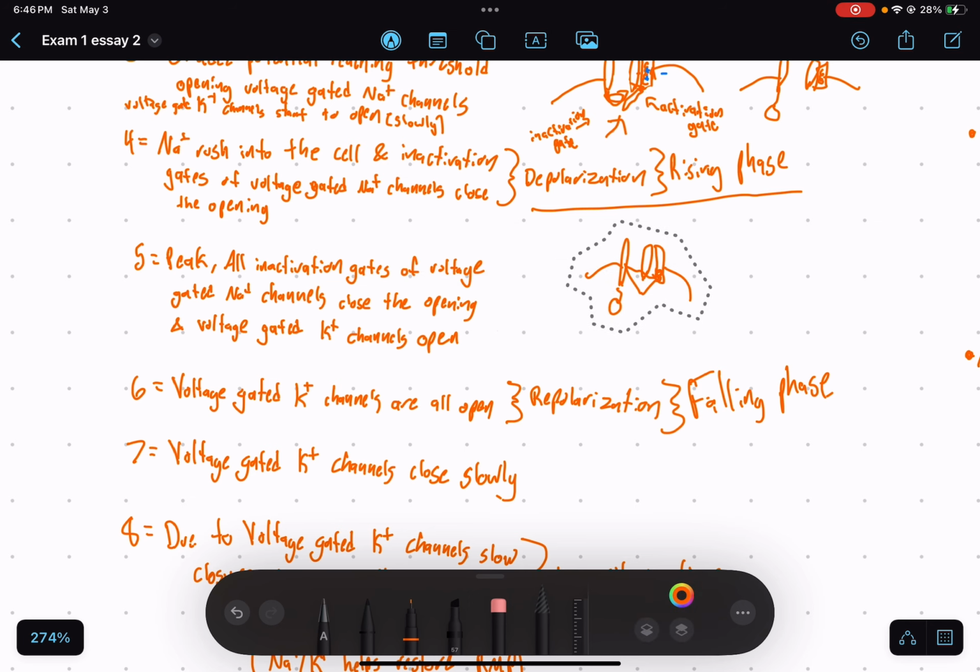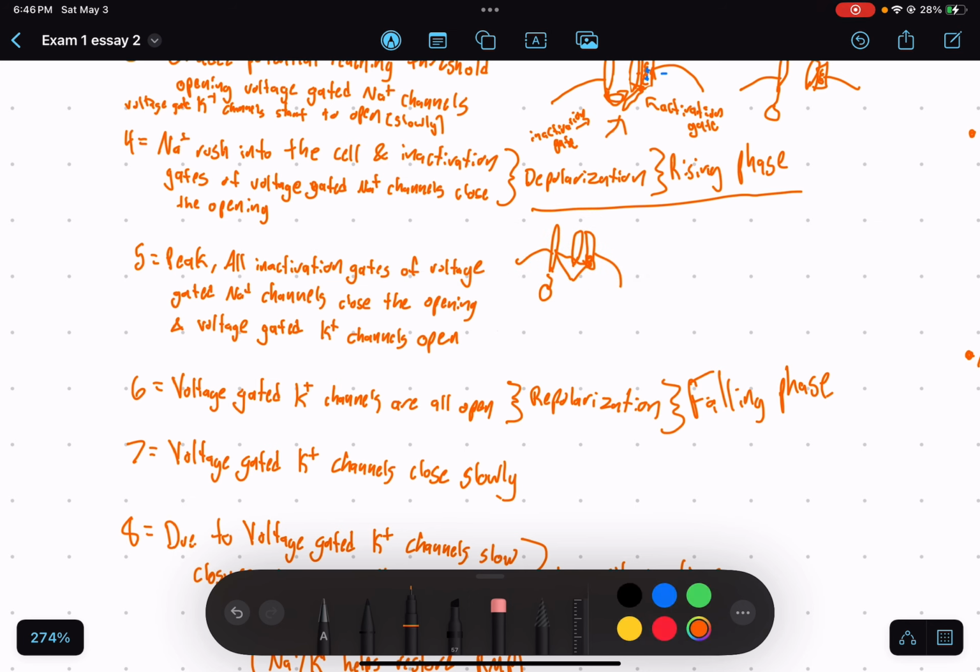allowing the potassium to enter in. And the potassium doesn't have that inactivation gate. It only has the activation gate.